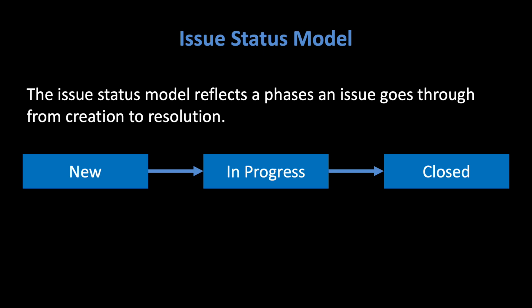So you create an issue, then you work on it, and at some point it's resolved and you close the issue. But in the real world, of course, the project, the organization, the team or individuals come up with more than those 3 statuses due to various reasons.